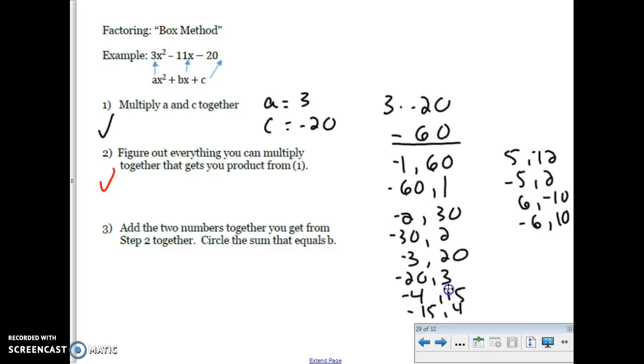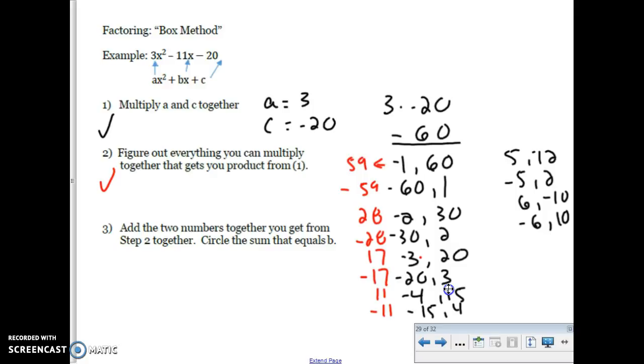Step 3 is to add the two numbers together and circle the sum that equals b. Negative 1 and 60 gets me 59, negative 59, 28, negative 28. Negative 3 and 20 gets me 17, negative 20 and 3 gets me negative 17. Negative 4 and 15 gets me 11, negative 15 and 4 gets me negative 11.